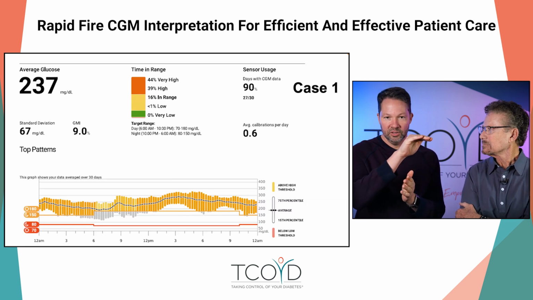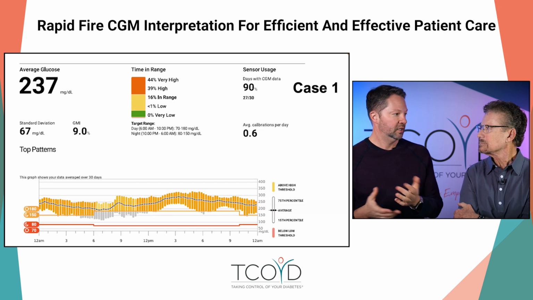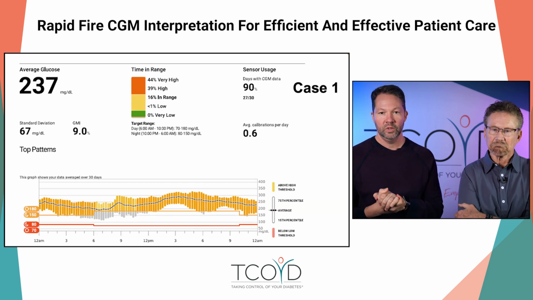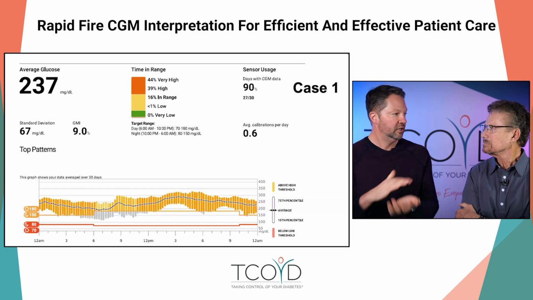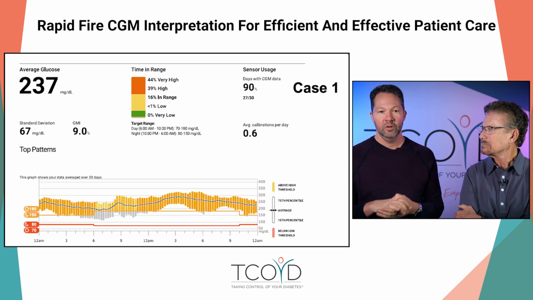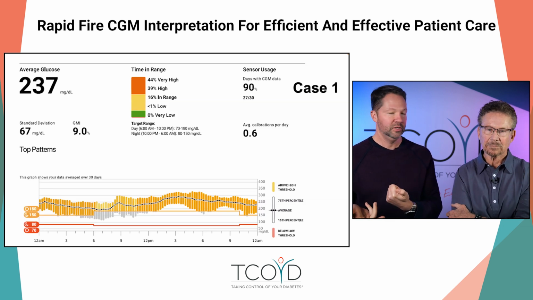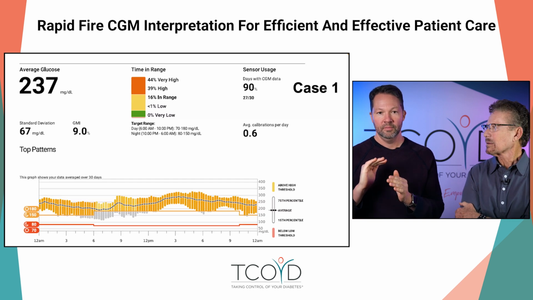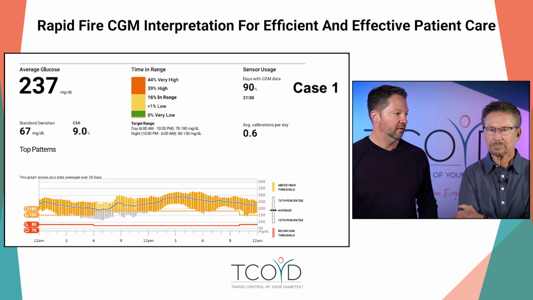Because they're flat mostly overnight, this isn't really a basal issue; this person's basal is probably doing okay. They're just simply not taking enough with mealtime. They're not correcting. They're never bringing their blood sugars down into range. So I would talk a lot about, your basal's fine, we need to just get you more comfortable with taking higher doses of mealtime or correction insulin to bring you into range, really dealing with the hypoglycemia part of that too.